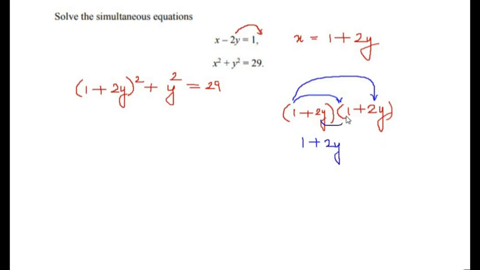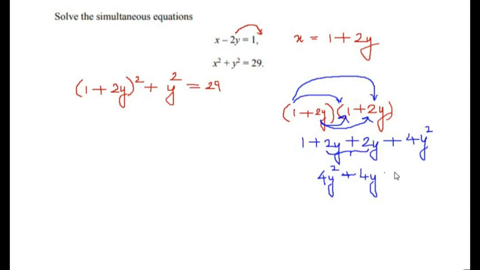Then comes 2y times 1, which is again plus 2y, and 2y times plus 2y gives us plus 4y squared. So we can simplify this further, and by rearranging we get it as 4y squared plus 4y, because 2y plus 2y, they both are like terms, we add them together, and then finally plus 1. So this is the expansion of 1 plus 2y, the whole term squared.